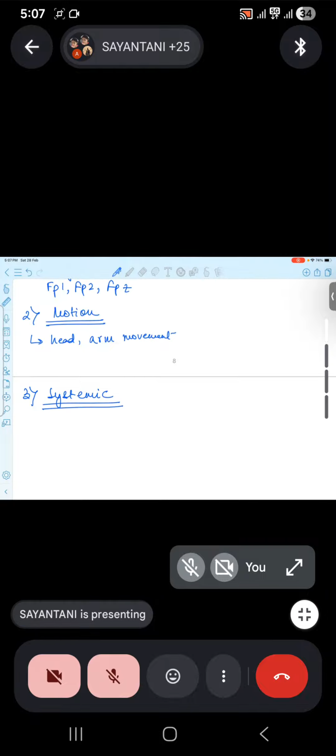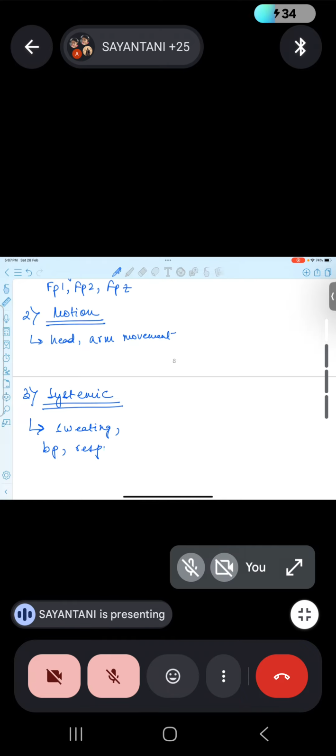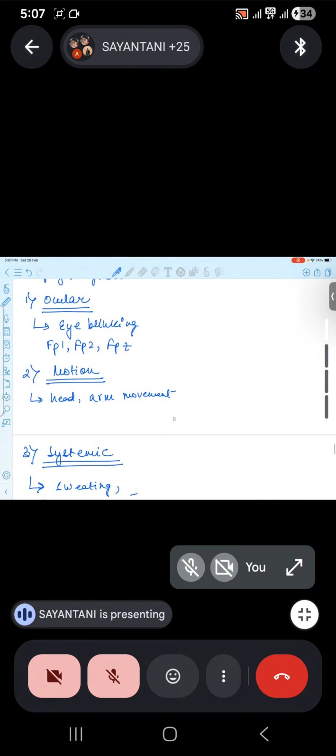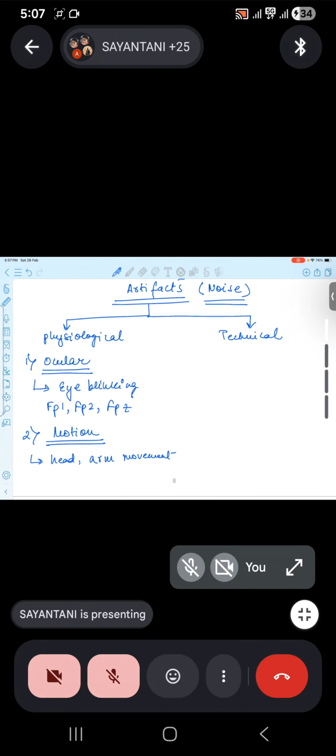Systemic means there is some change in your internal biological system which is creating noise in your EEG signals, but it is unavoidable. So what are those? Sweating, changes in your blood pressure, respiration. All these things are creating a systemic artifact. So these are the three basic categories of physiological artifacts.